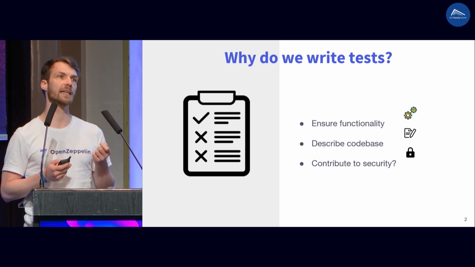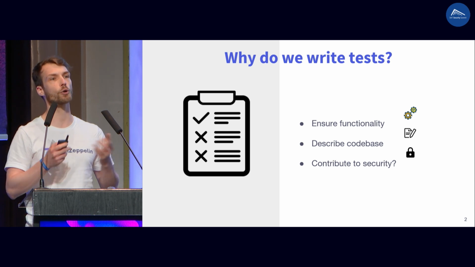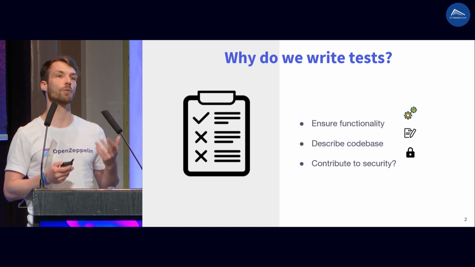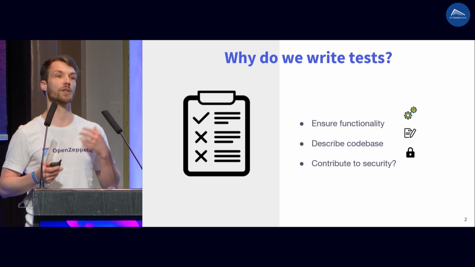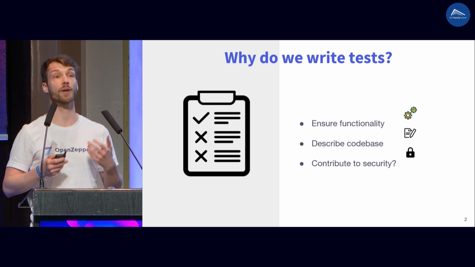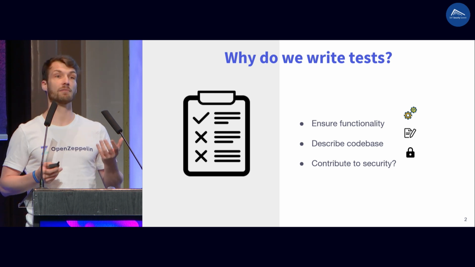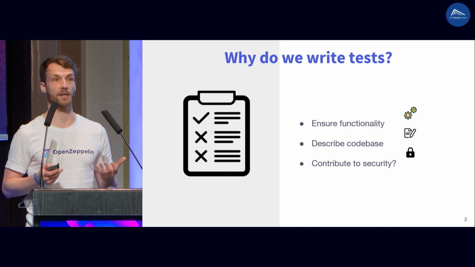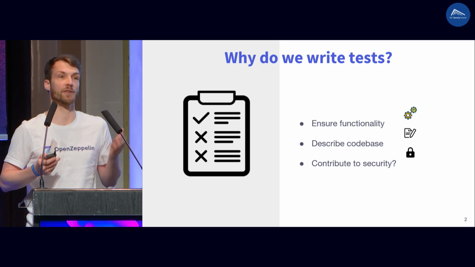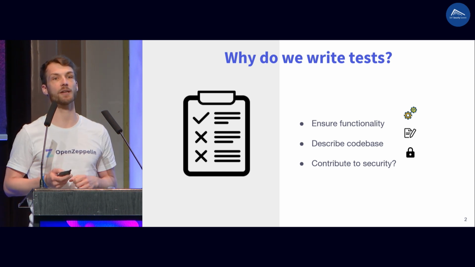So you can really see what's the happy path through your code base, what are the interesting ways a potential end user can interact with your code base. So this kind of descriptive functionality is also in there. And then, does it contribute to security? Well, we are hoping that it does, but we don't know at this slide. So let's move on and answer this question later.